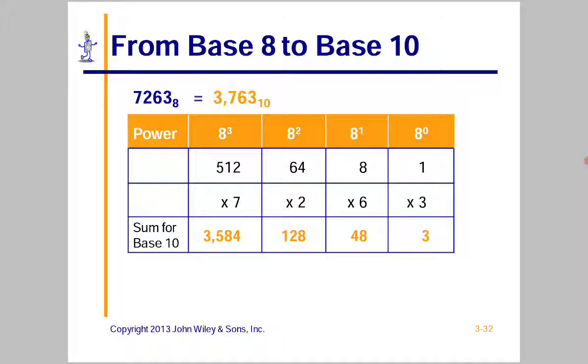And starting from the extreme right digit 3, 6, 2, 7: 3 into 8 power 0 plus 6 into 8 power 1 plus 2 into 8 square plus 7 into 8 cube. Write down all these numbers and sum them. That is 3763.